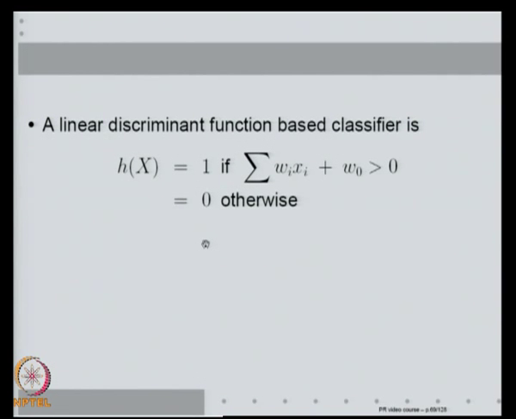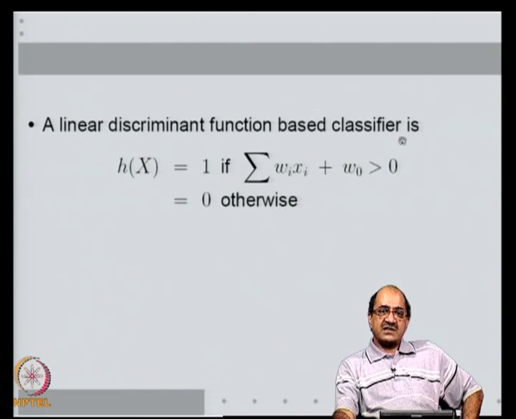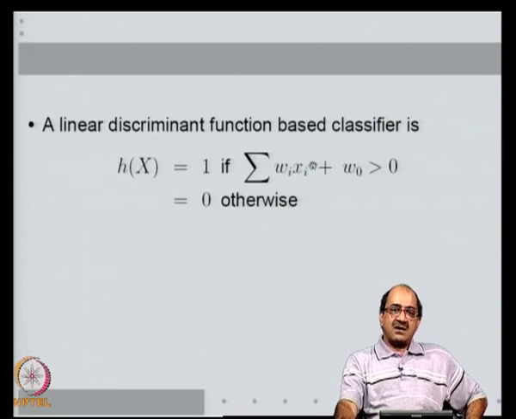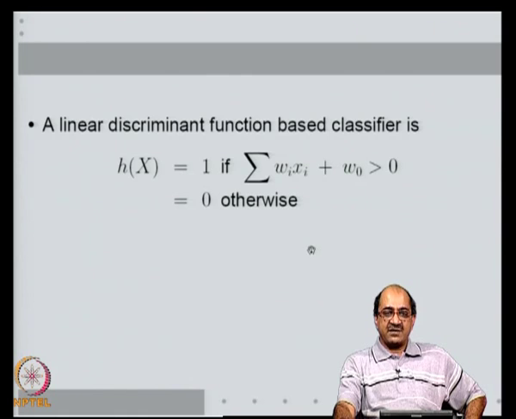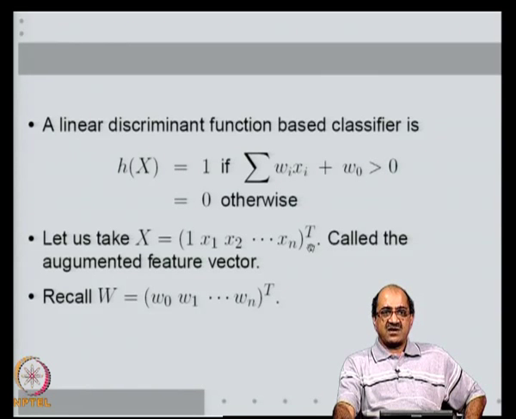Let us go a little bit deeper into it. A linear discriminant function based classifier, as we have just seen in the previous slide, is given by this. The extra constant term may look as if this is not really a linear function, but we can easily get rid of it. We take a new feature vector which is the same as the old feature vector x1, x2, up to xn, but has one extra component which is permanently set to 1.